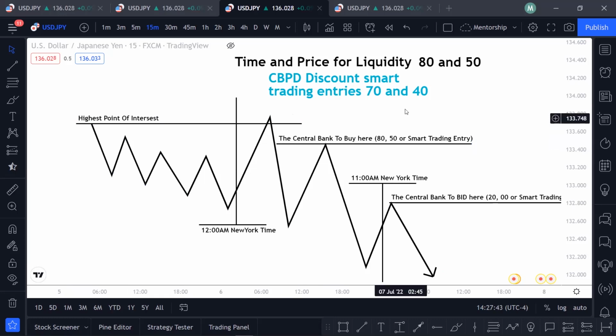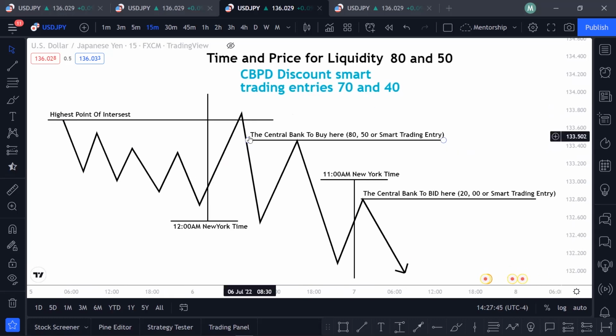The system is, let's sell. What are retailers doing? They are selling as well. They are chasing price. Once you chase price here, thinking let me sell, you'll be kicked out. Why?